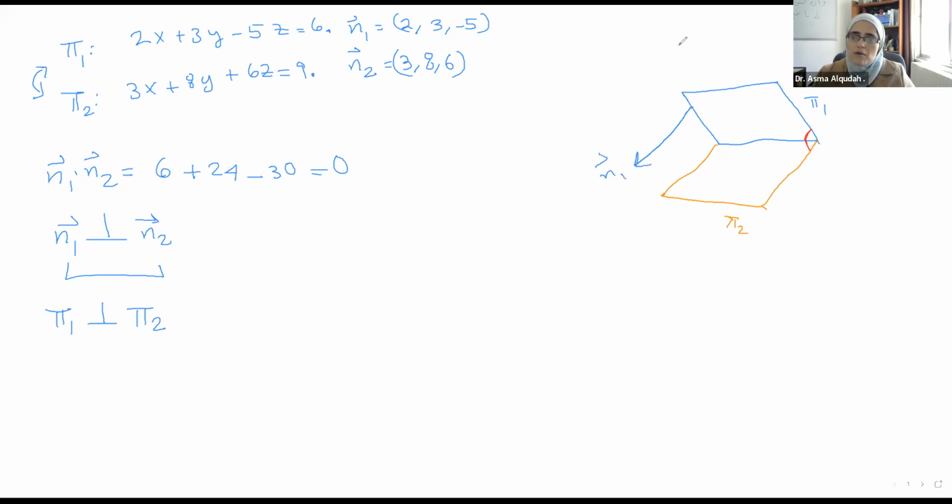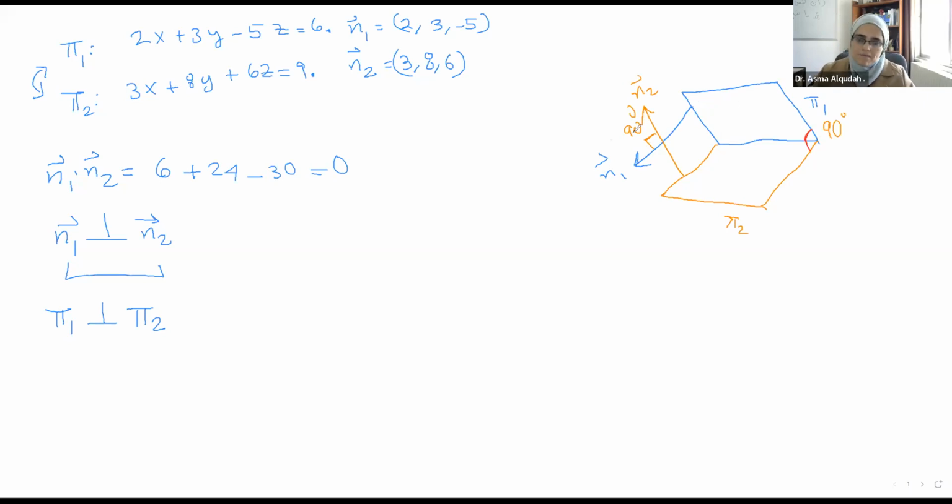And the normal to the other plane should go this way. This is n2. The angle between the two normals is 90 degrees. So it's 90 degrees between the planes, and 90 degrees between the normals.